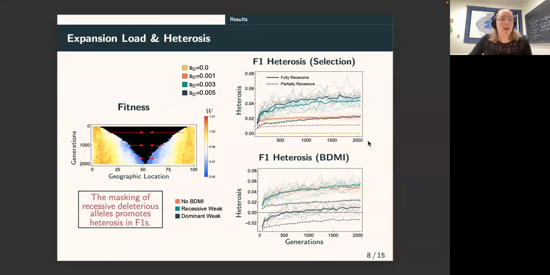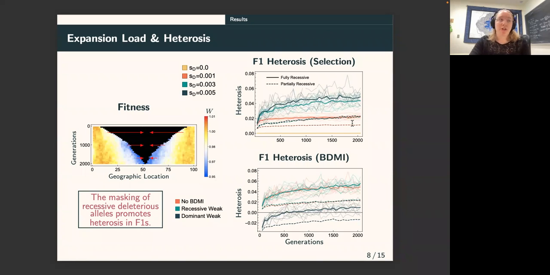Okay. So what happens if we look at the F1 hybrids over the course of expansion? Well, we see heterosis accumulate. So early on, heterosis accumulates really quickly, and this isn't surprising because you have this standing genetic variation that's leading to lots of accumulation of heterosis, and then it slows down.